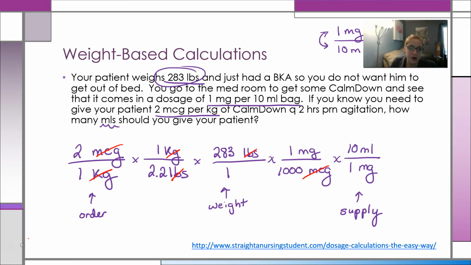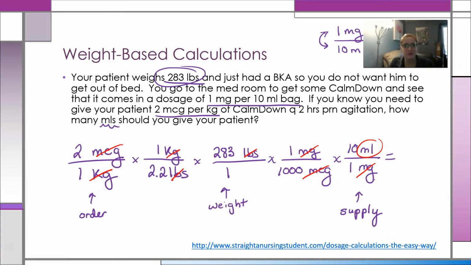How do you know that you are at the end and you have multiplied everything you need to? Look at what's left over. What are the units that are left over? Milliliters. What do we need our answer in? Milliliters. Just got to multiply across the top and across the bottom.